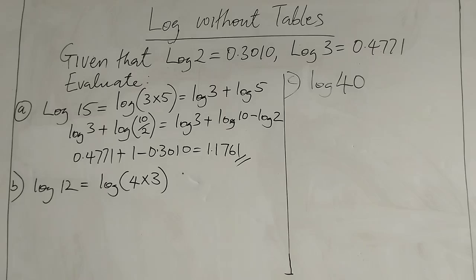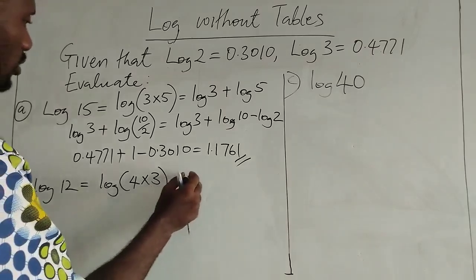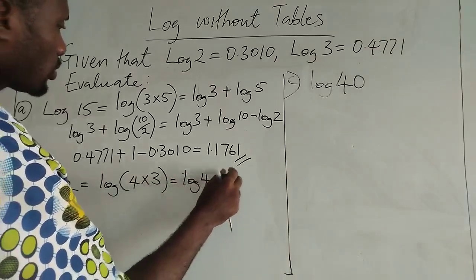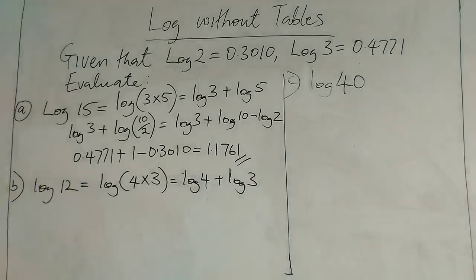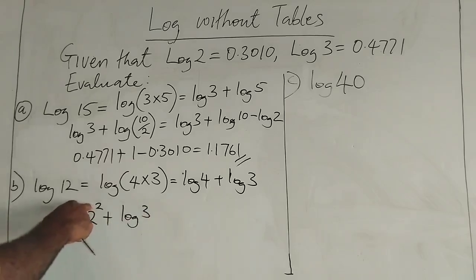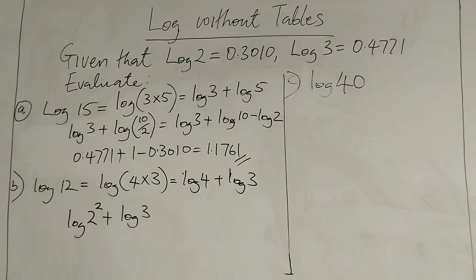Going further, applying the laws of logarithm, log 4 plus log 3. Now, simplifying log 4, we'll have log 2 raised to power 2 plus log 3. The third law of logarithm, applying it here, we'll have 2 log 2 plus log 3.